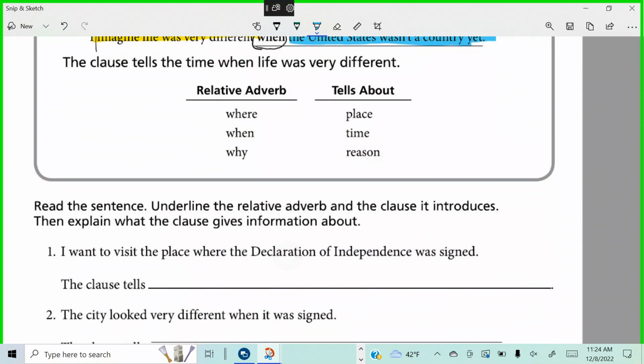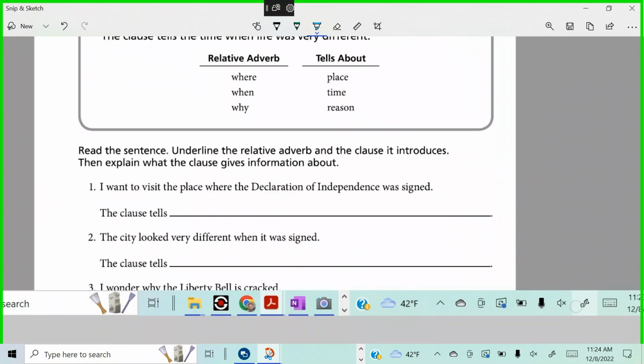All right, so right here it says, read the sentence, underline the relative adverb and the clause it introduces. Then explain what the clause gives information about. I'll do the first one with you. I want to visit a place where the Declaration of Independence was signed. Why don't we circle the relative adverb and underline the clause it introduces?